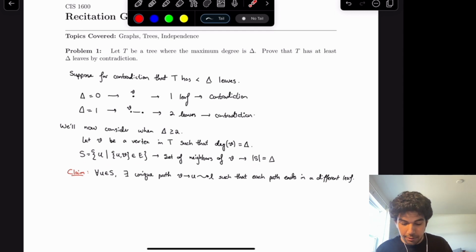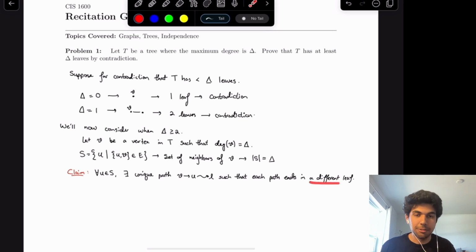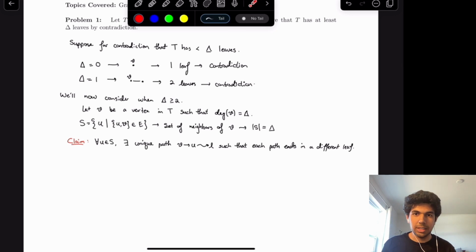Next, I claim that for all neighbors of V, there's a unique path from V to that neighbor that ends in a leaf. And when I look at all of the paths, they all end in different leaves. And I verbally explained to you why that was the case, and the argument was that it has to end in a different leaf, otherwise we have a cycle. So from here, the proof is actually really quick to complete.